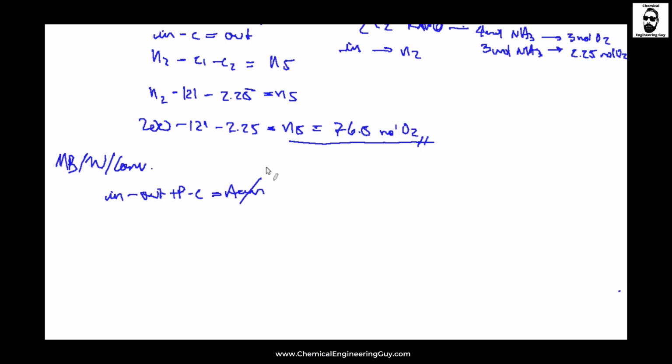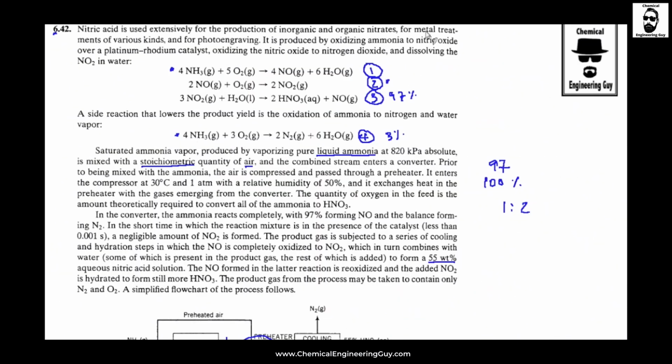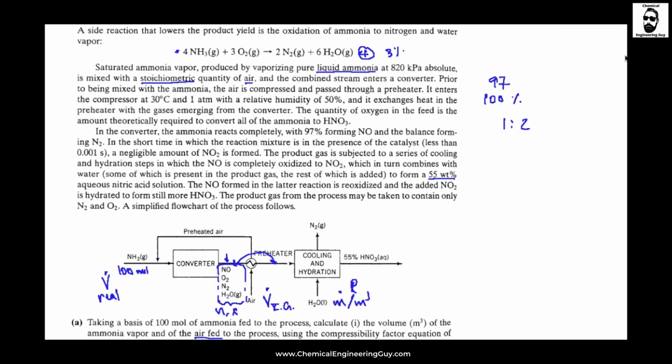No accumulation, no consumption, we are only producing, so the inlet plus production equals outlet. Once again, I think we're going to have 2 productions. And yes, look, 4 moles give me 6 moles of water, and 4 moles give me 6 moles of water. So we have 2 production concepts.